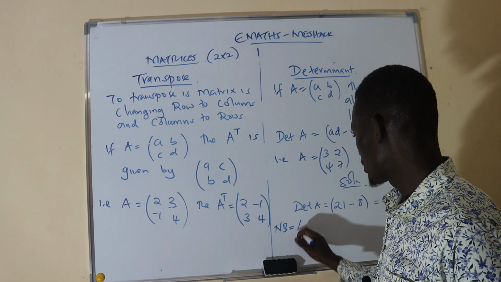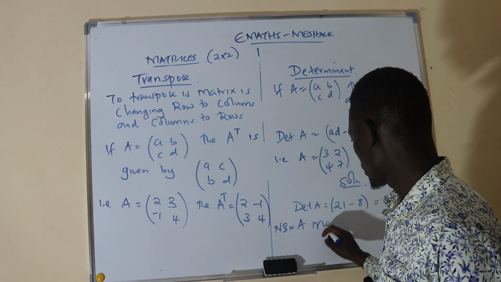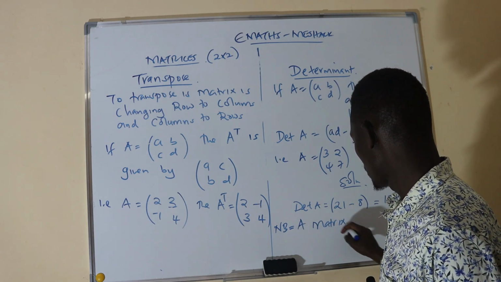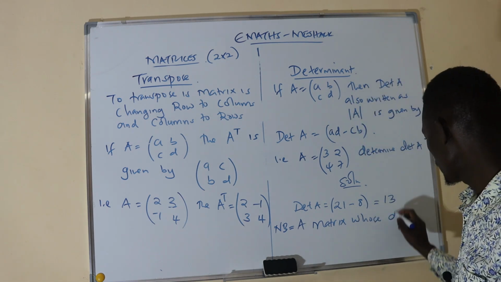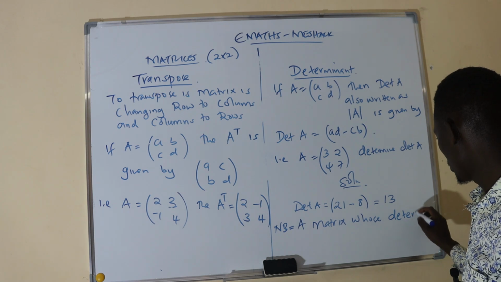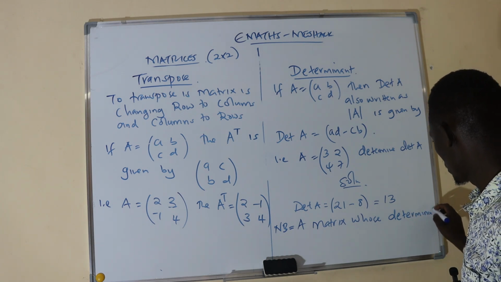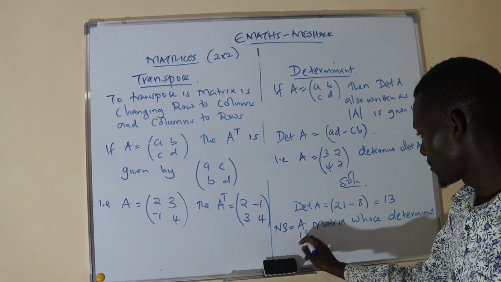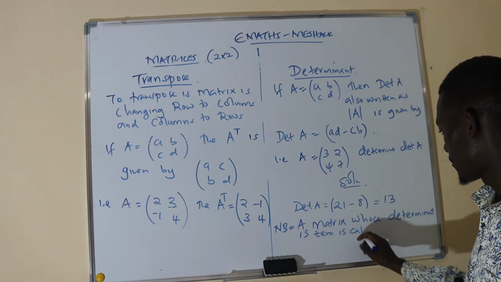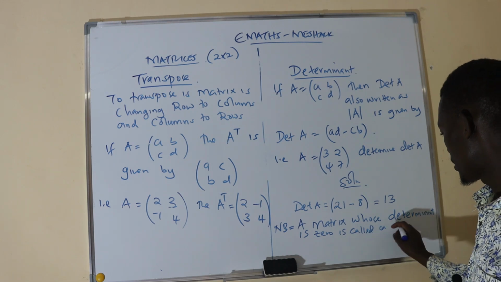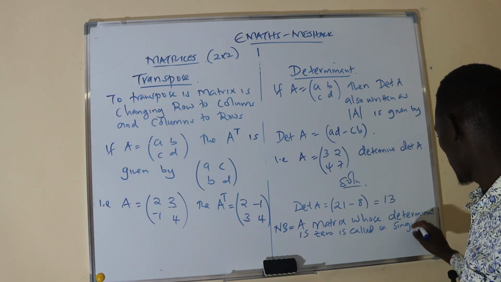a matrix whose determinant is 0 is called a singular matrix.